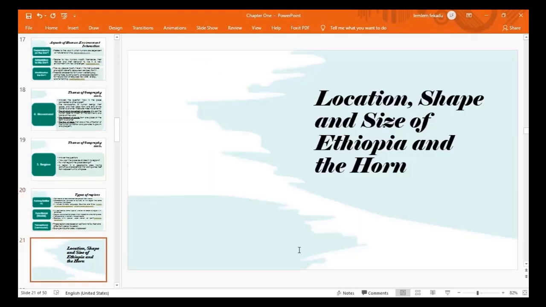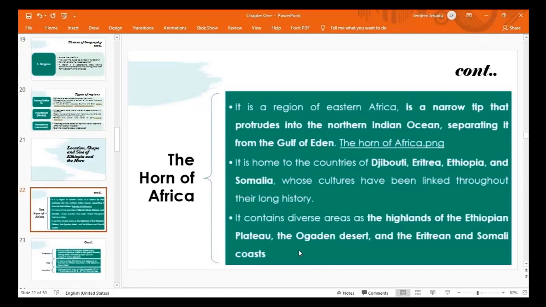The next major topic of this chapter is the location, shape, and size of Ethiopia and the Horn of Africa. The Horn of Africa is a region of Eastern Africa. This region is a narrow tip that protrudes into the North Indian Ocean, separating it from the Gulf of Aden.